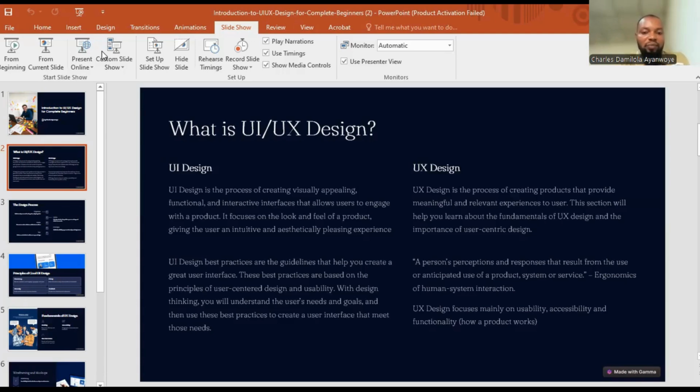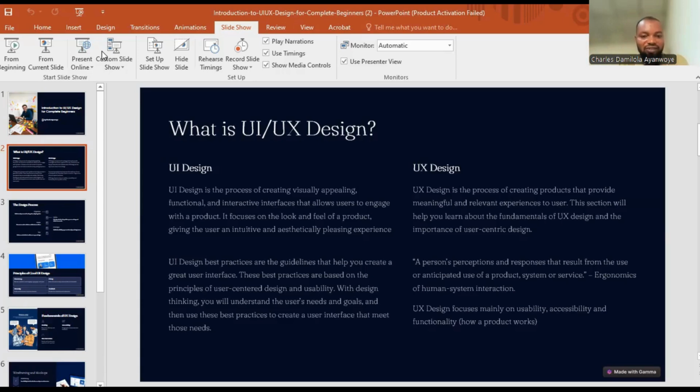The UI may be very beautiful. It may look so great. If the UX is bad, definitely you are not creating that meaningful and relevant experience we're talking about here. You're not creating it for the users. Even though your product is looking very visually appealing, is looking functional, some things look functional by looking at them from a distance.